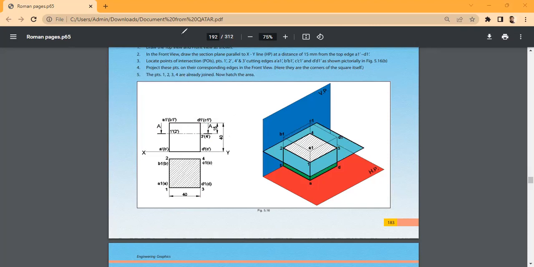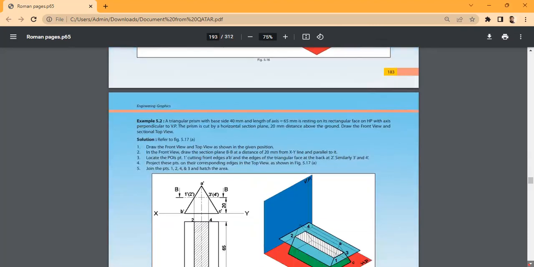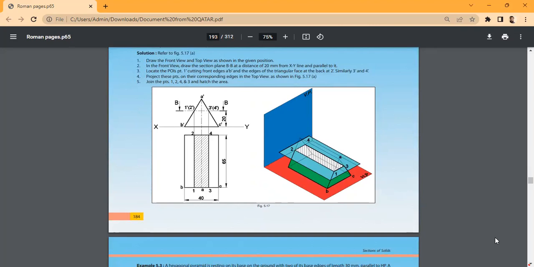Yes, sir. Then the next one, I will give as homework. Say something about this 3D figure. It's a triangular prism resting with one of its rectangular faces on HP.